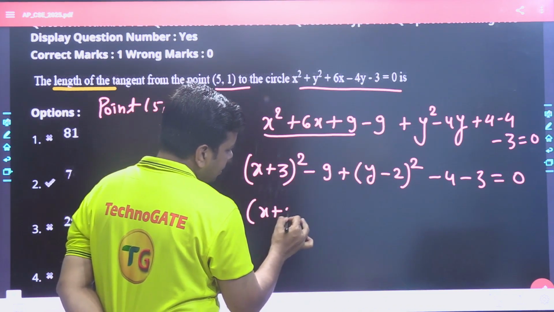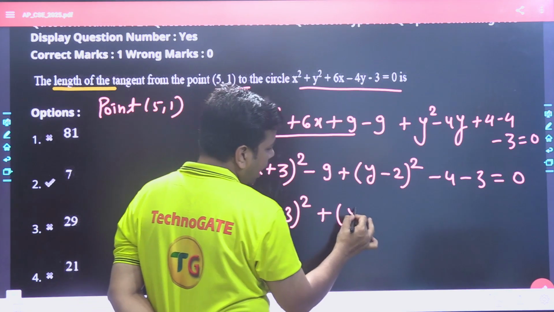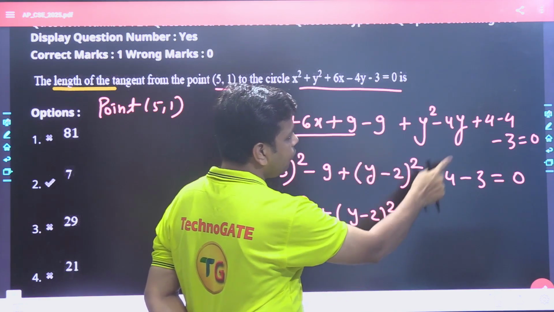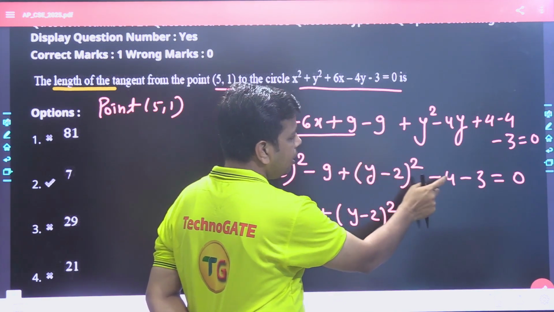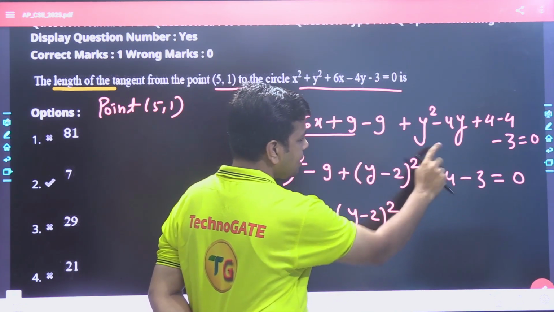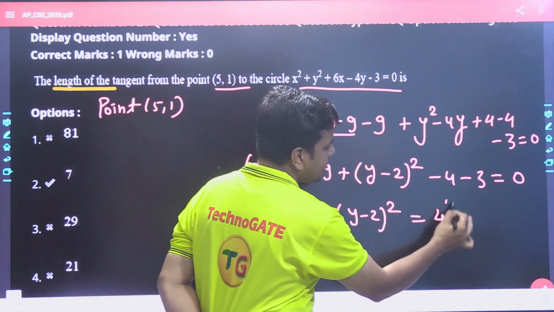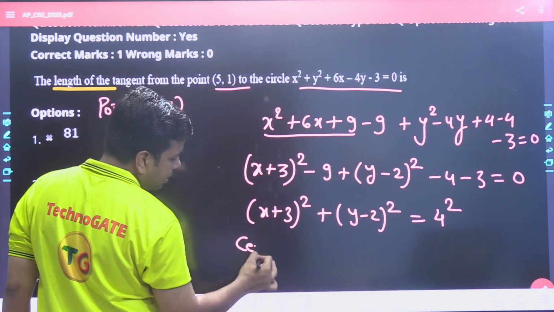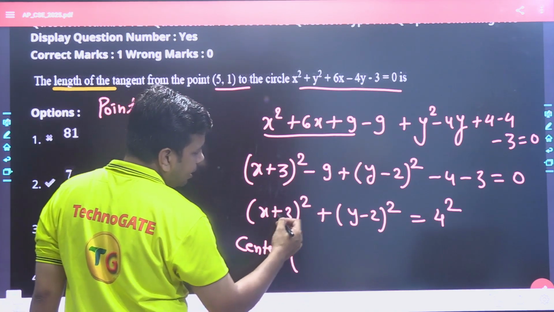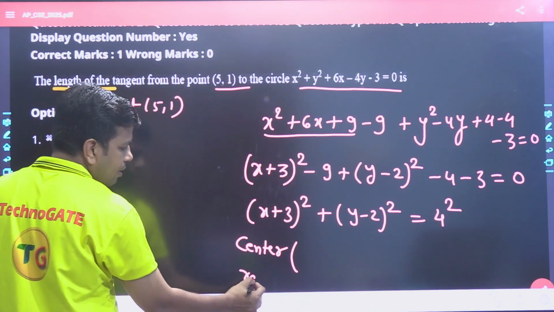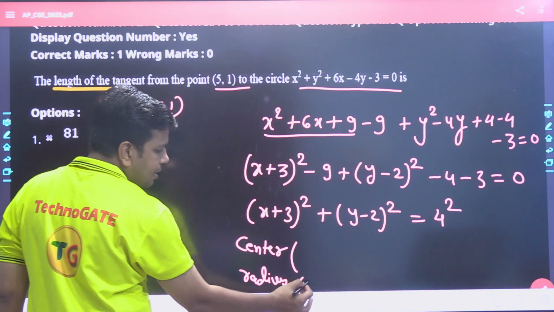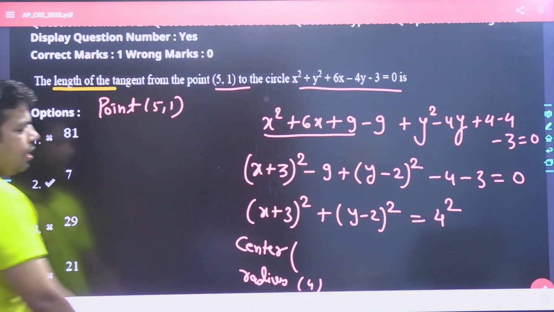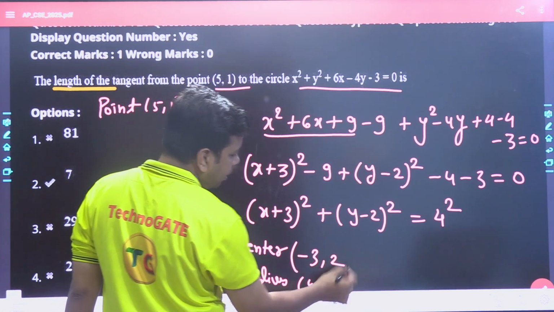So (x plus 3) whole square plus (y minus 2) whole square equals 9 plus 4 plus 3, which is 16. We can say that becomes 4 square. So by this, what is your center and what is your radius? Radius is directly 4, and the center is minus 3 comma 2.